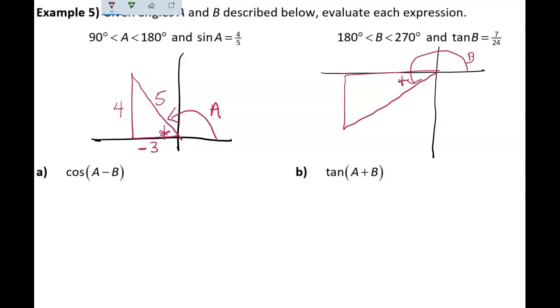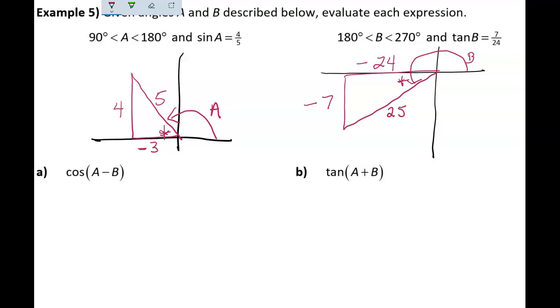The tangent is opposite over adjacent. However, we're in the third quadrant, right? So both of these have to be negative, which is going to give us a positive value for tangent since it's opposite over adjacent. Now we need to fill in our missing side, which is 25, a 7, 24, 25 triple.